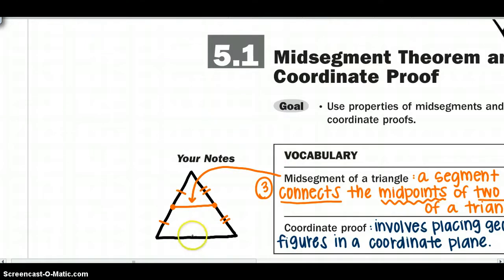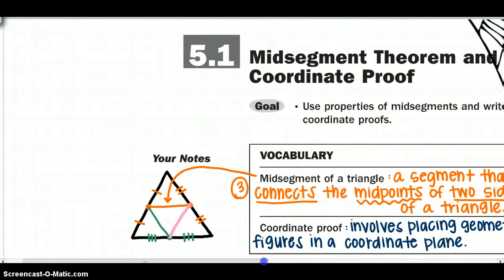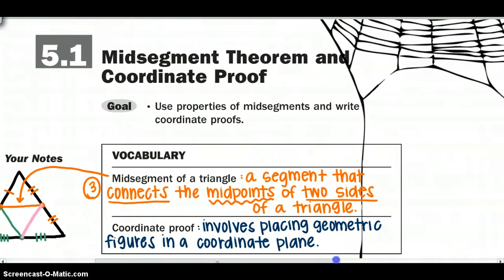If I find the midpoint of this side and connect it, I would find my other segment and my third midsegment. So that is what the midsegment looks like and what we'll be working with today.